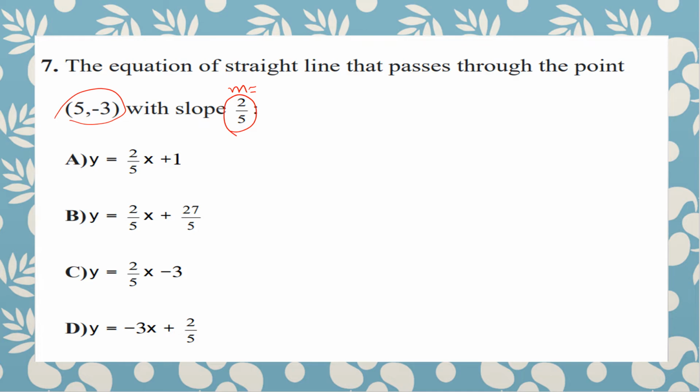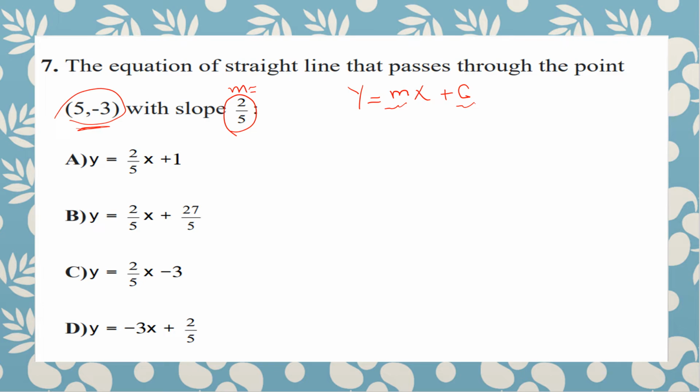In order to find the equation of the straight line, which is y equals mx plus c, we already have m, but we need the value of c. In this question, he gives you a point, (5, -3), so we can use this point to substitute the values of y and x and also m in order to find c.